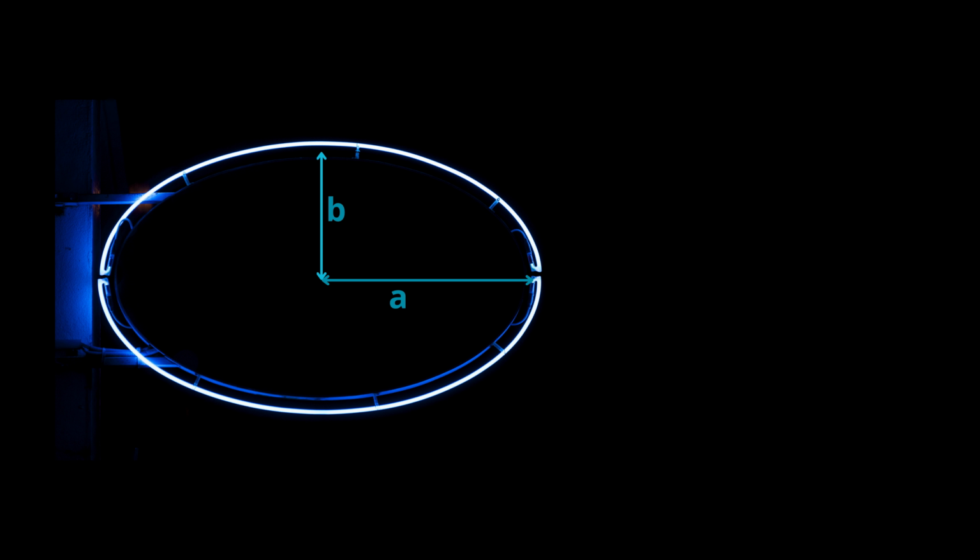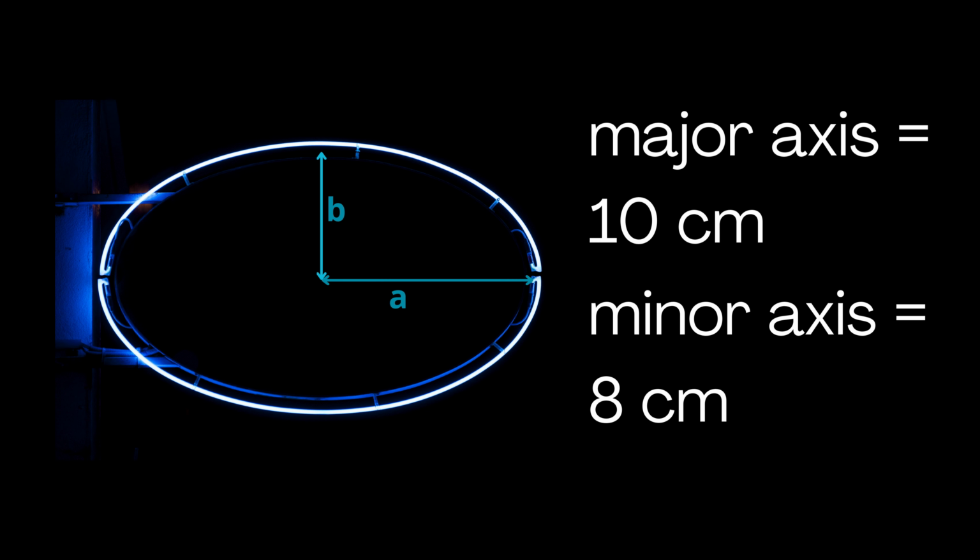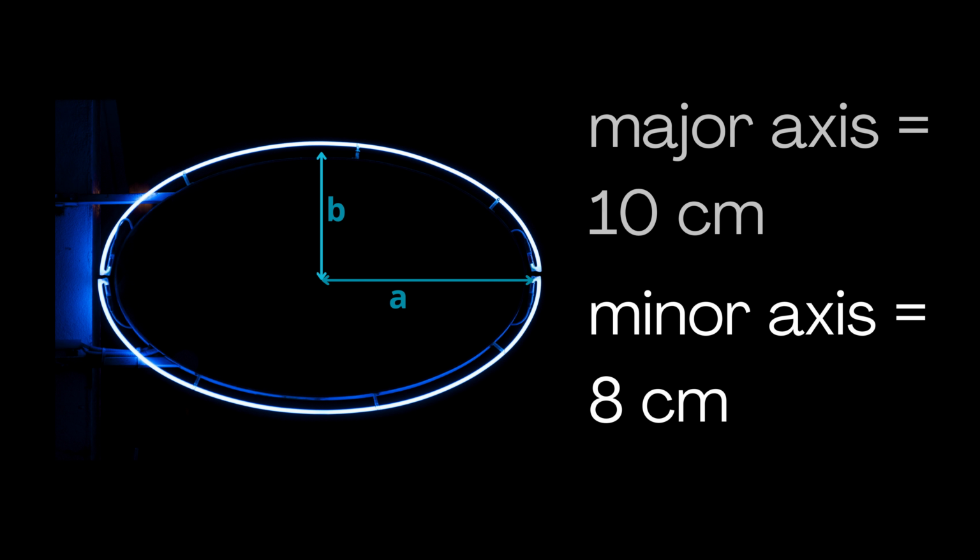And now, let's calculate the perimeter and area of an ellipse with a major axis of 10 centimeters and a minor axis of 8 centimeters.